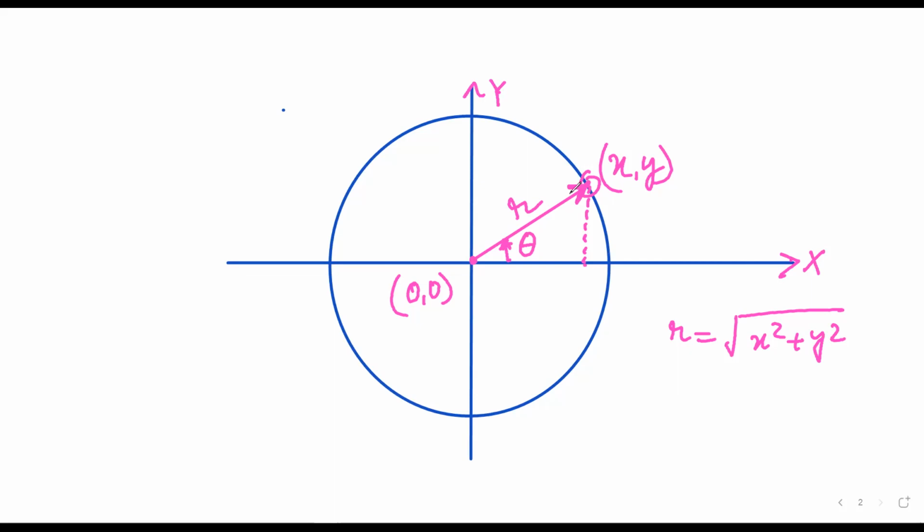And I give freedom to this radius to go in any quadrant. I give freedom to this radius that it can move in the first quadrant, it can move in the second quadrant, it can move in the third quadrant, it can move in the fourth quadrant. So, for example, if my radius moves to the fourth quadrant, the theta would be the angle the radius is making with the positive direction of the x-axis.